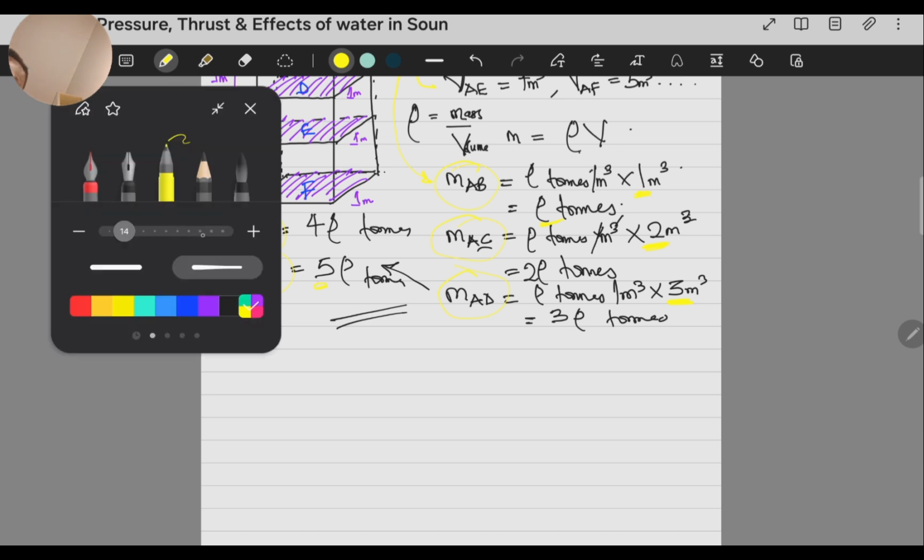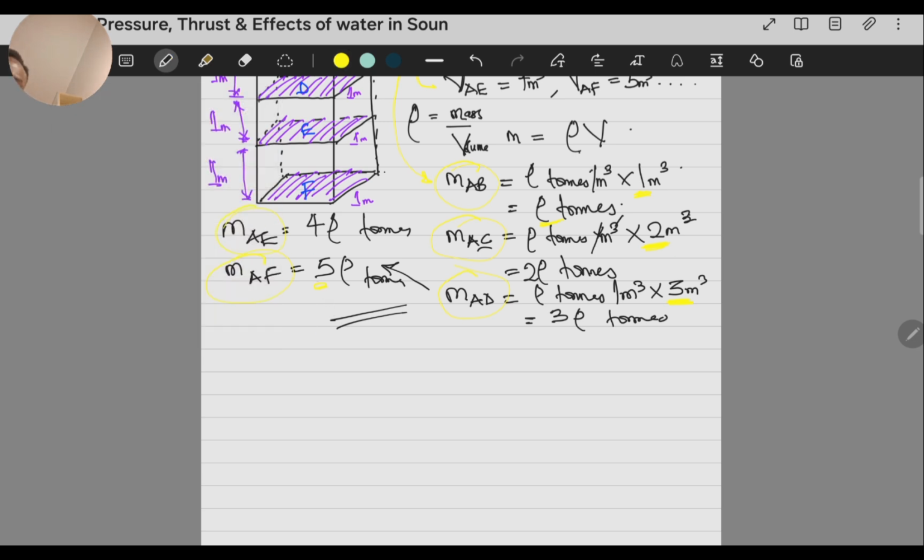So meaning that if I have this column extended downward, and I want to know what is here, let's call this Z. So it means that the weight from the surface of the liquid to the lowest point, which is the bottom of the tank, Z, is going to be the height, AZ, which I don't know how long it is.